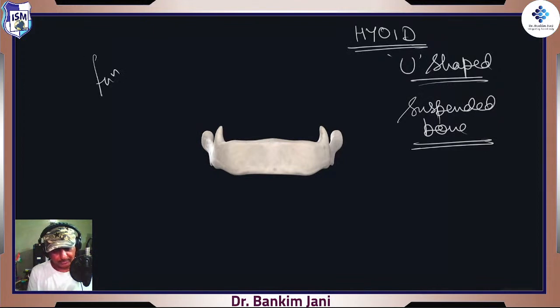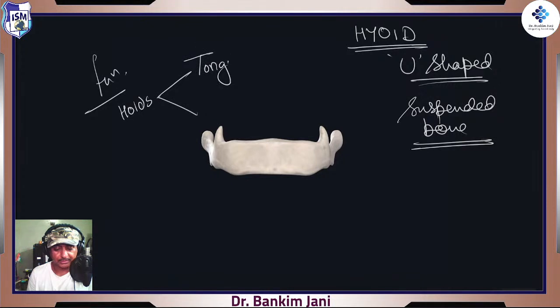What is its function? What is its importance? Importance is so good. It holds two things. One, when we'll be discussing the tongue, that tongue is just above it. It is just above this hyoid bone.